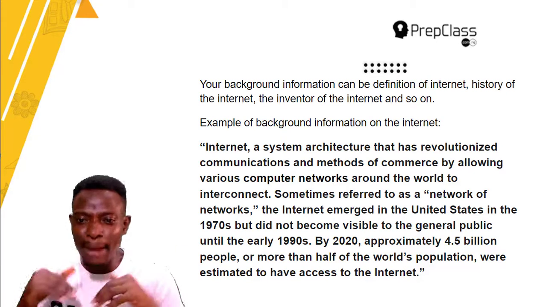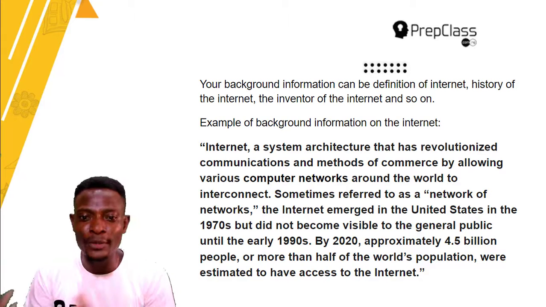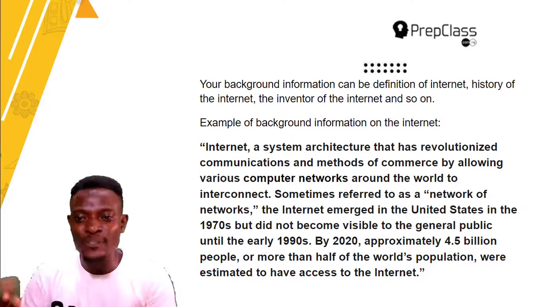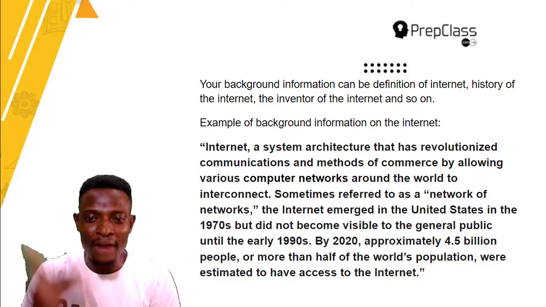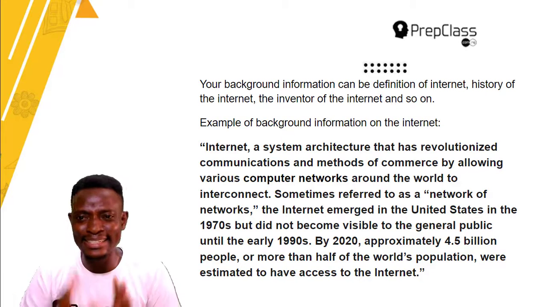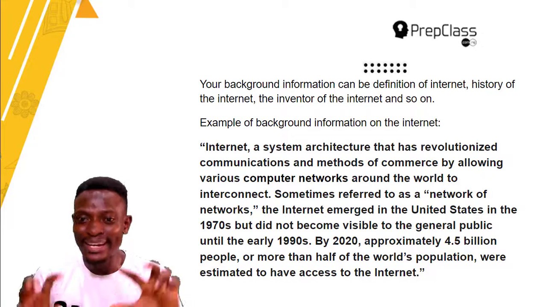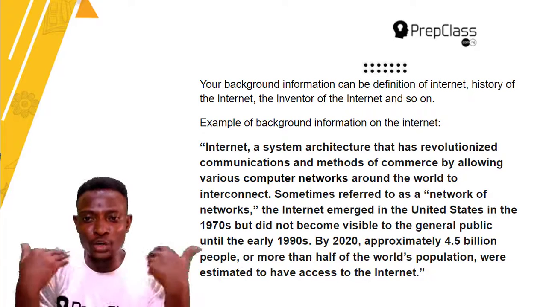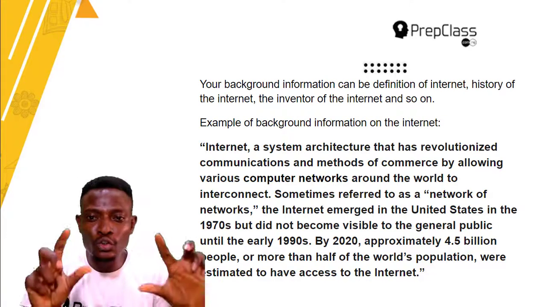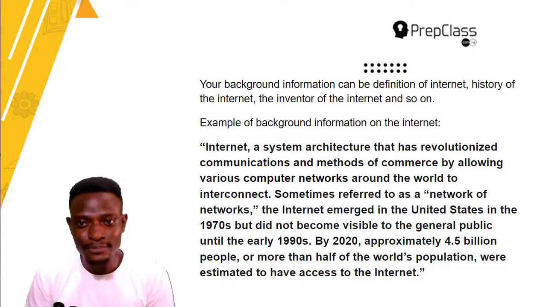By 2020, approximately 4.5 billion people, or more than half of the world's population, were estimated to have access to the internet. This is background information on the internet. It gives your reader extra information on what to expect in your essay.